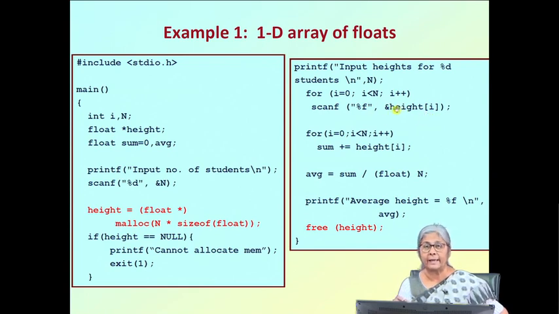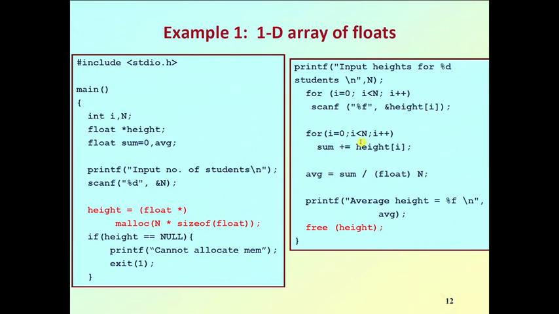Here height is also like an array. Then for i equal to 0, i less than n, i plus plus, sum equal to sum plus height[i]. In this loop we have read the height of each student, and here we are computing the sum of the heights of all students in a loop, where capital N is the number of students.